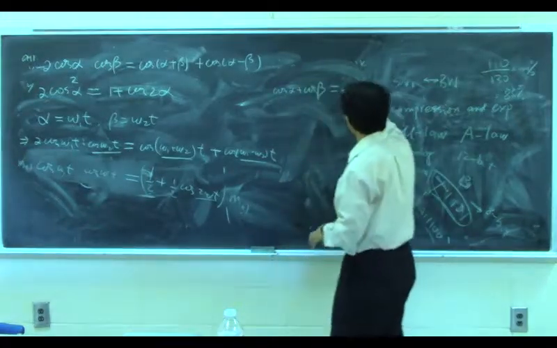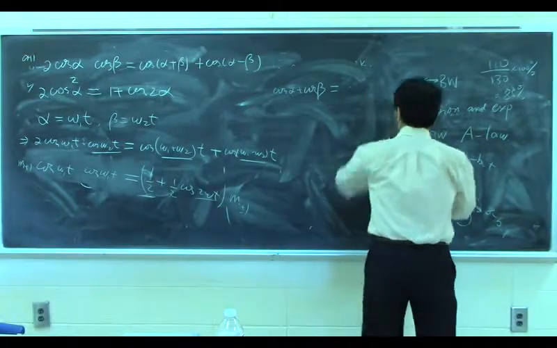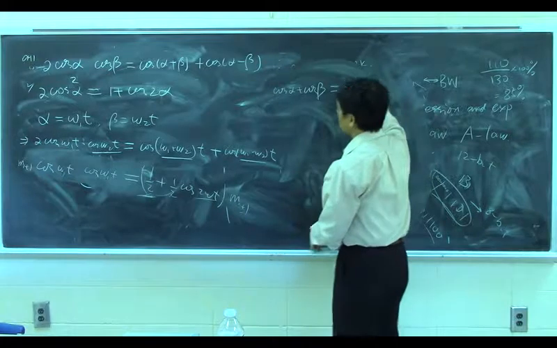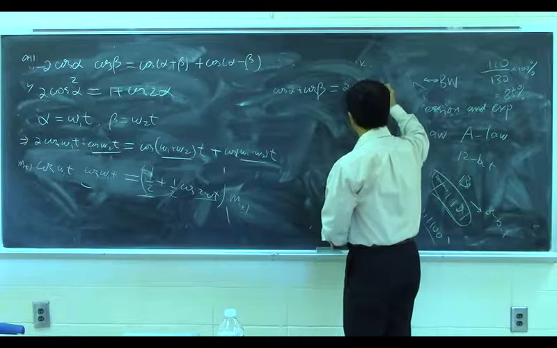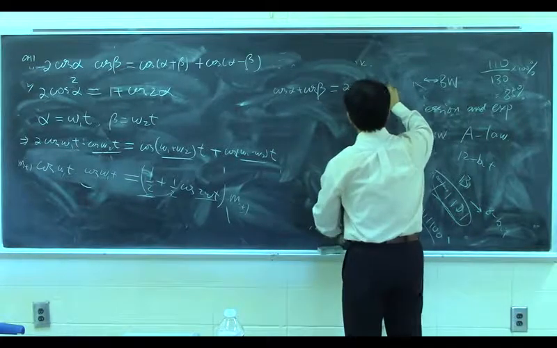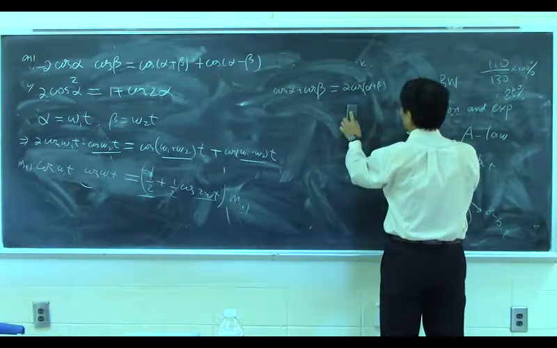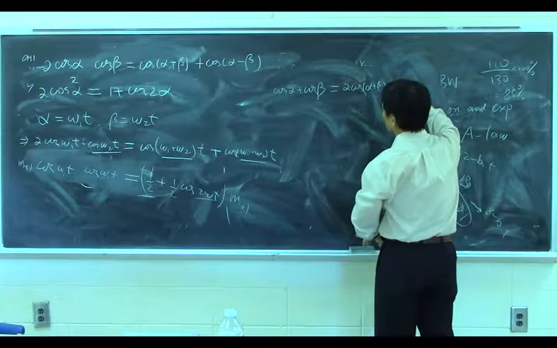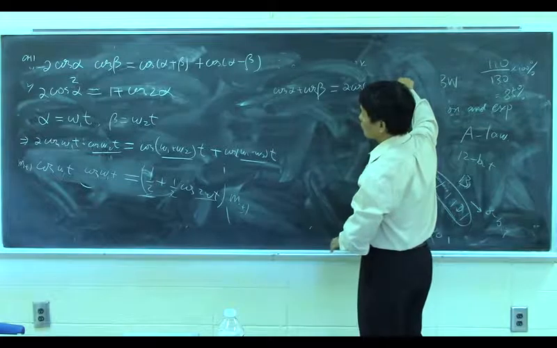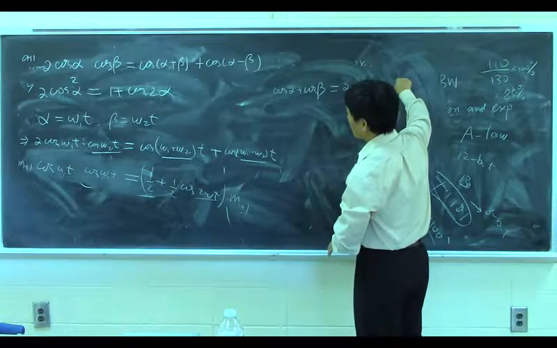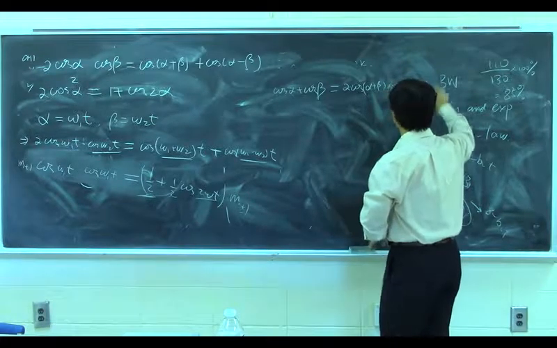That one equals 2 cosine of alpha plus beta over 2, times cosine of alpha minus beta over 2.